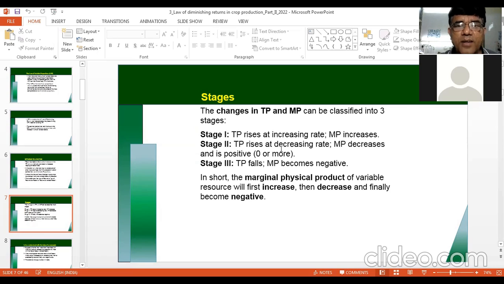It is increasing, but at a decreasing rate because MP is decreasing. But it is positive, more than 0. Stage 3, TP starts falling and MP becomes negative. In short, the marginal physical product of a variable resource will first increase, then decrease, and finally it becomes negative in stage 3.